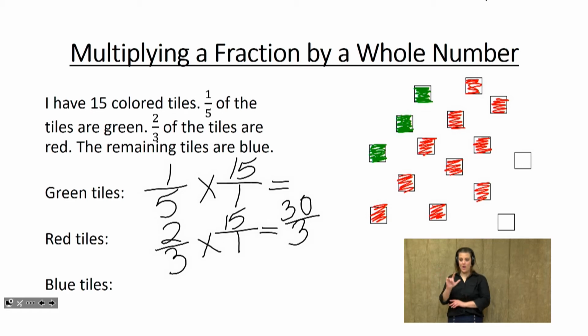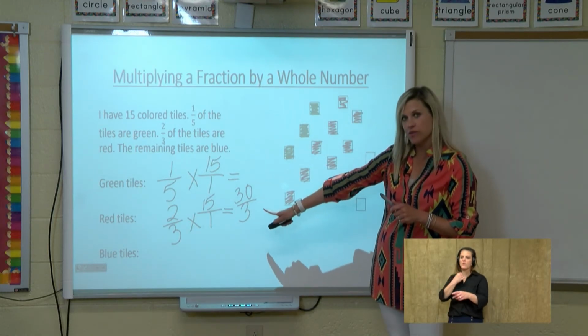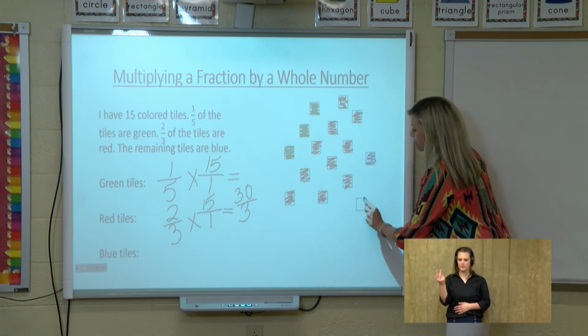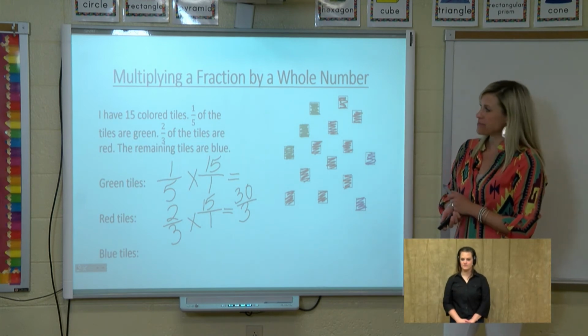Well, how many tiles do you see that are remaining? Yes, 2 tiles out of the 15 are blue. So because I worked out the problem of green tiles and red tiles, I was able to see that there are 2 blue tiles left, okay?